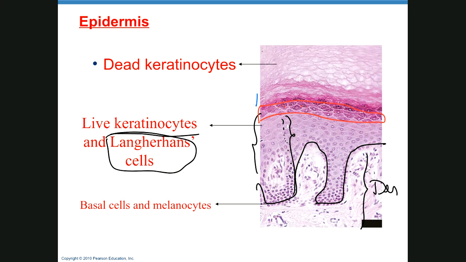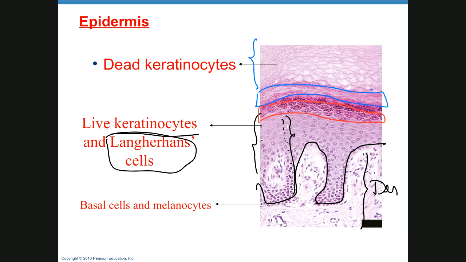This is a bit of a lighter area. Again, keratinocytes have died by then, and you can see this thin layer of dead cells at this light area right here. And then we have a very thick layer of dead cells, dead keratinocytes, that are beginning to disintegrate, and they may not even look like cells anymore.